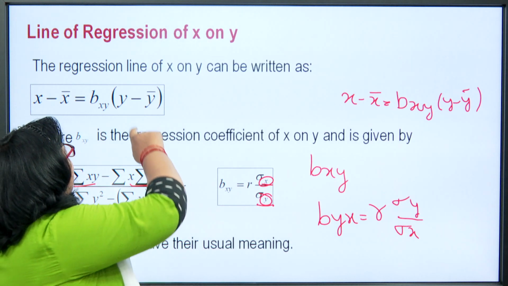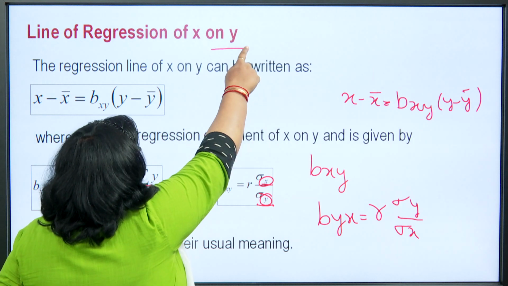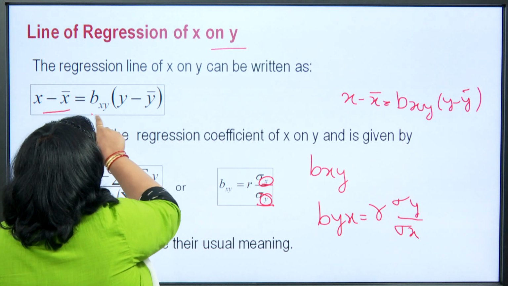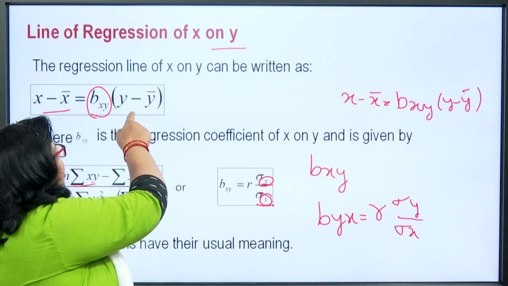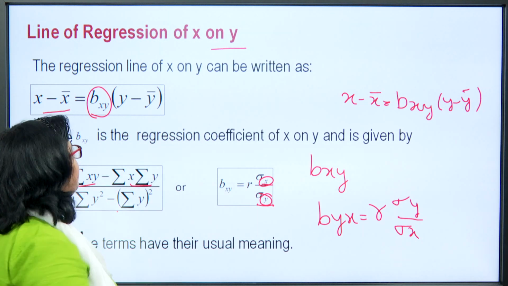And we find the regression of x on y in a similar way. We always remember where the coefficient is bxy: x minus x bar is equal to bxy times (y minus y bar).